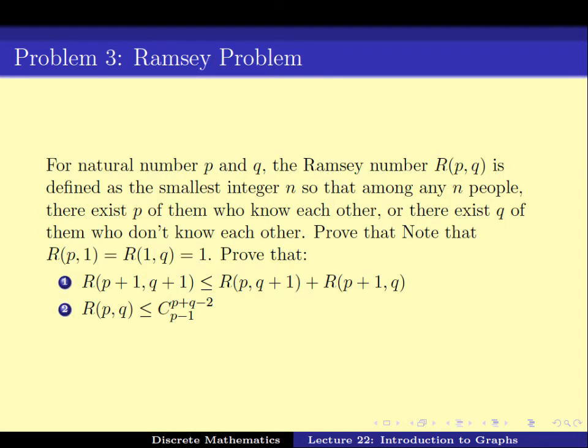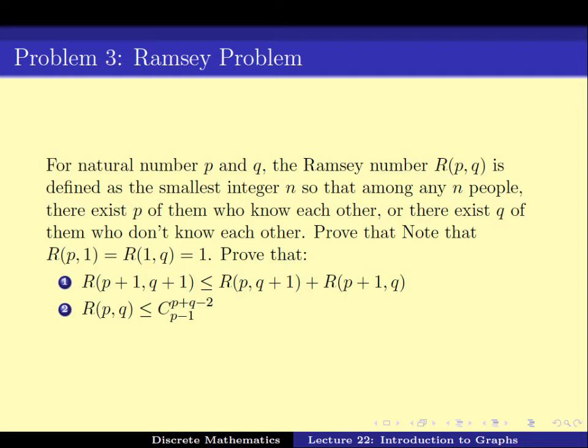So we say that for natural numbers P and Q, the Ramsey number R(P,Q) is the smallest integer n, so that among any n people there exist P of them who know each other, or there exist Q of them who don't know each other.